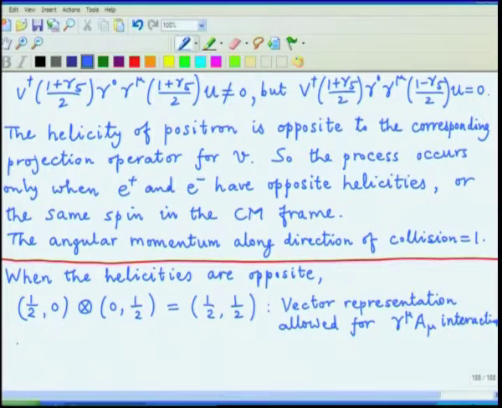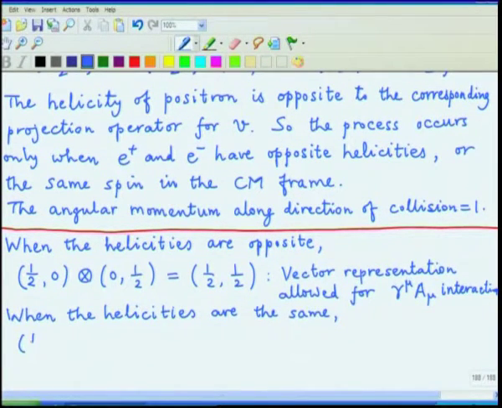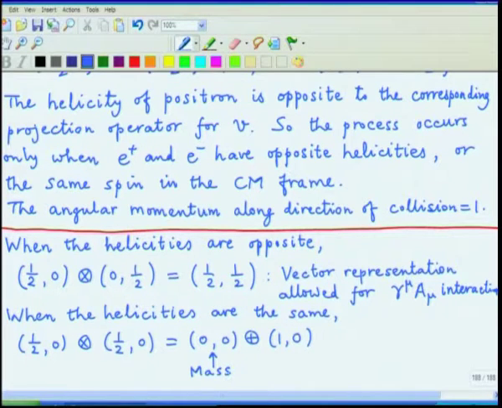On the other hand, when the helicities are the same, one will have the tensor product, which is a combination of two spin half producing 0 and 1, and this (0, 0) is a representation for a scalar, which is a mass term, and this (1, 0) is a representation for F mu nu.